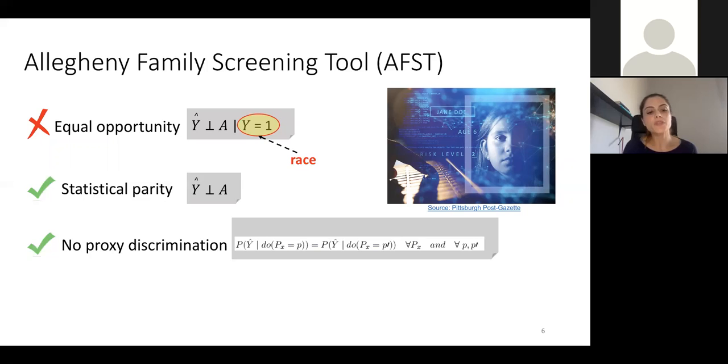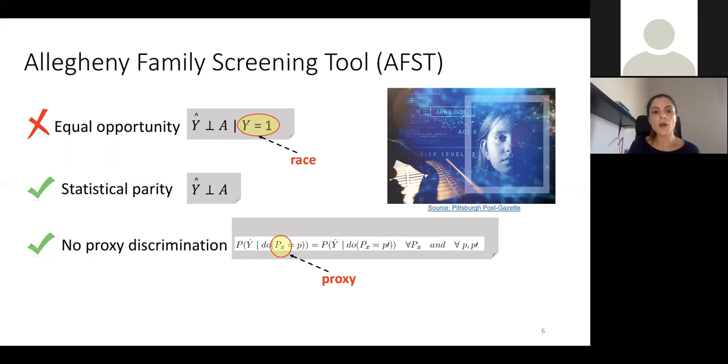Another appropriate fairness notion to apply is no proxy discrimination, which is an individual fairness notion, and more specifically, a causality-based fairness notion. This notion states that the prediction requires full independence between the prediction and any potential proxy in the data, okay, as shown here in the formula.